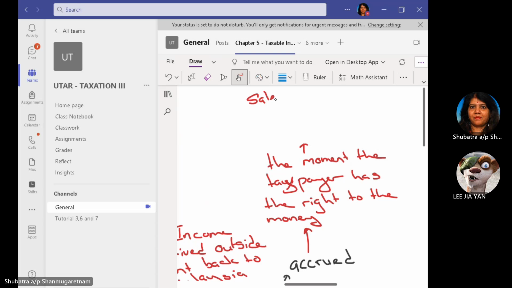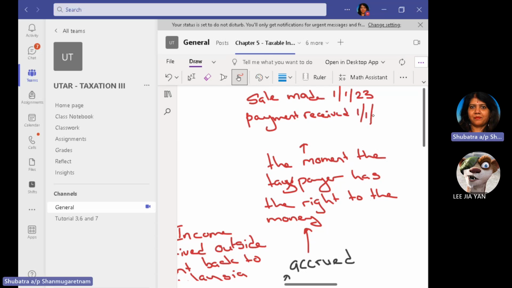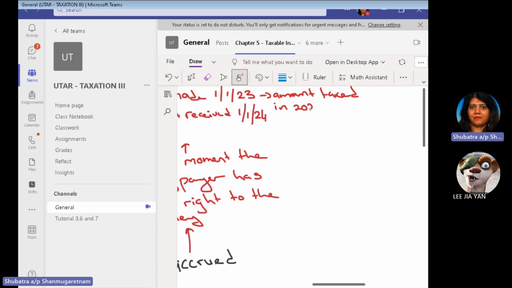Sale made 1st January 2023, payment received 1st January 2024. Here, the amount is taxed in 2023.